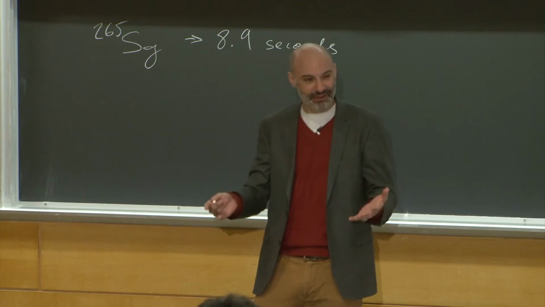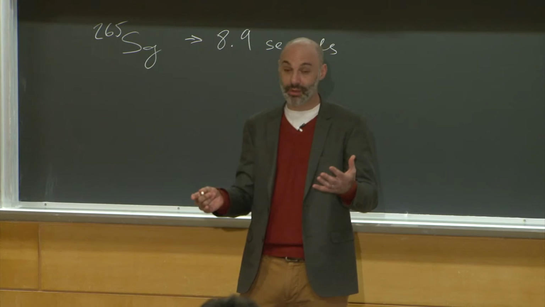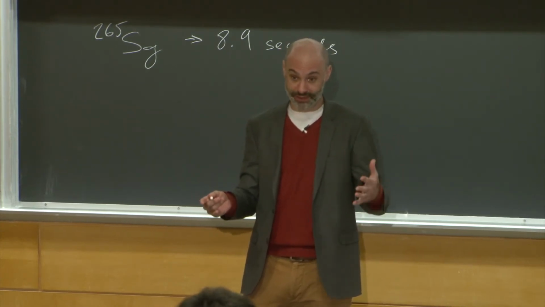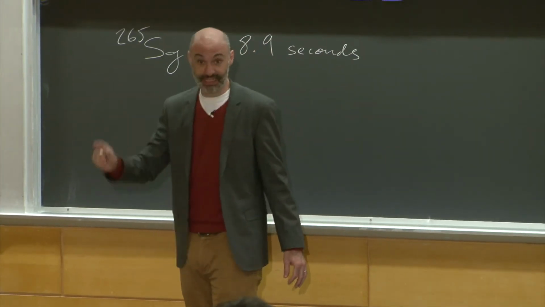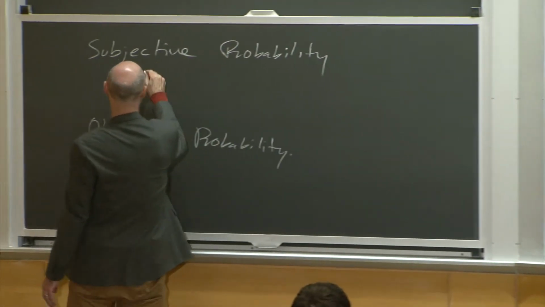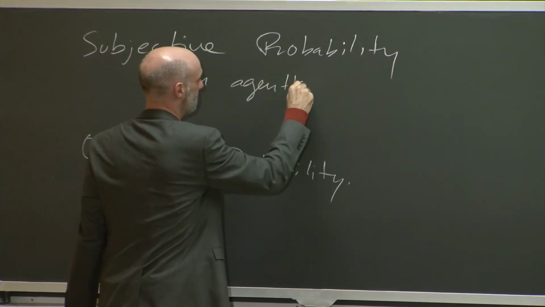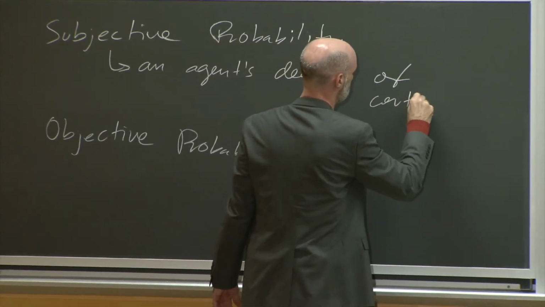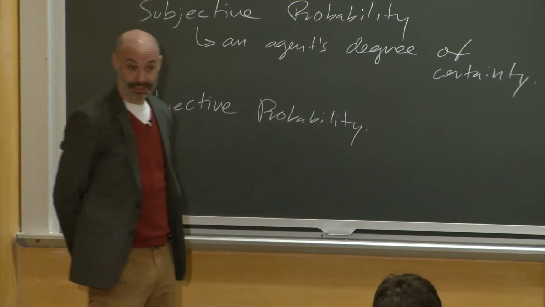And presumably you have something like belief to degree 0.5. Maybe one could put it by saying that you are certain to degree 0.5 that the particle will decay. So what that means is that your subjective probability is 0.5. So subjective probability is an agent's degree of certainty.